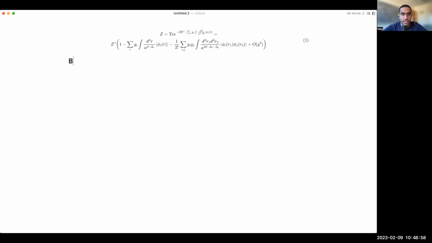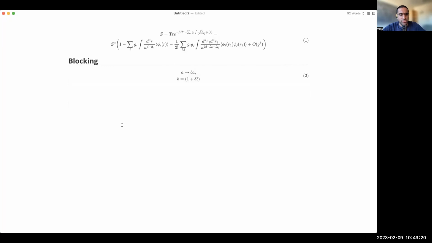So let's set up what we mean by blocking. Blocking is A goes to BA, where B is some positive number. We'll take it to be 1 plus delta L. This is not equals, it's plus. And delta L is taken to be small.